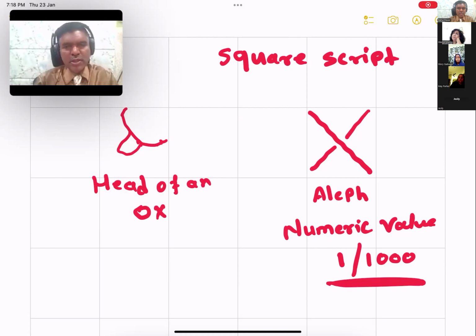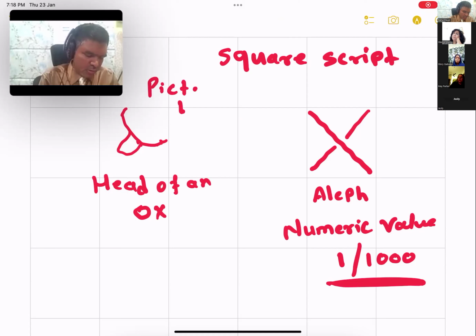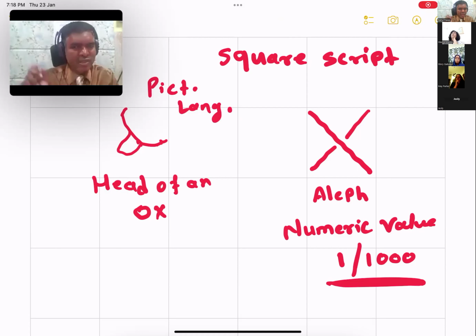If anyone is Marathi, it is a bull's head. This is in pictographic language. If they had to write during the ancient time, they would write like this. Aleph represents the head of an ox.